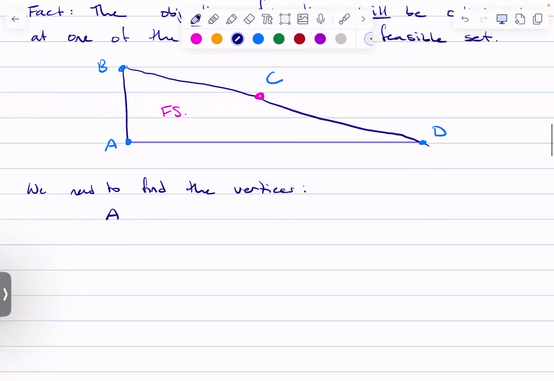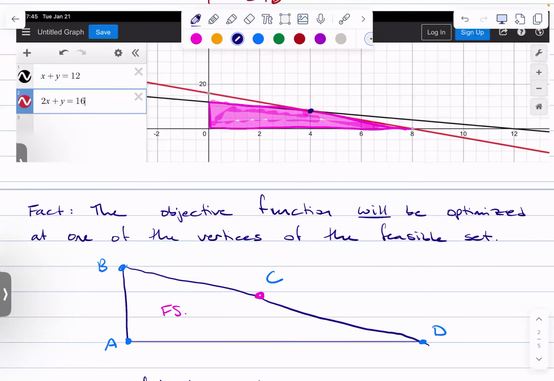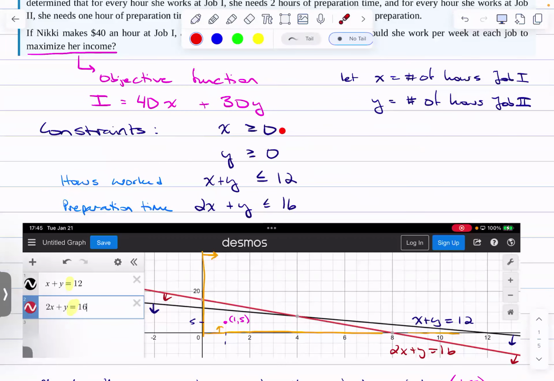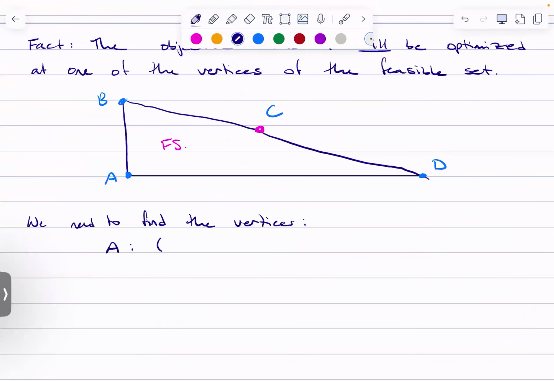Let's start with A. Nice and breezy. Just visually, I can see that A is at 0, 0. It's also because from our constraints, x had to be greater than or equal to 0 and y had to be greater than or equal to 0. And so I know 0, 0 is one of my options.